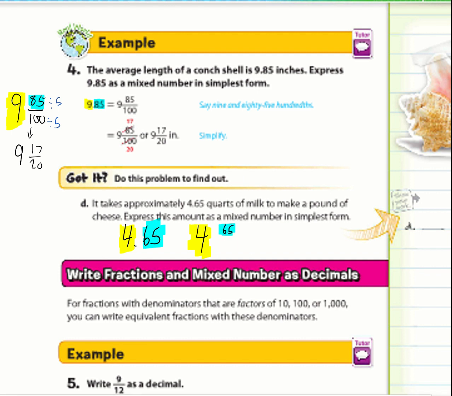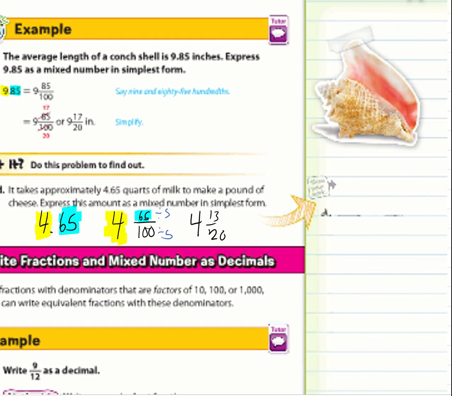And 65 hundredths is in the hundredths place, so I'm going to have 100 as my denominator. And if I simplify, my final answer is going to be 4 13/20.